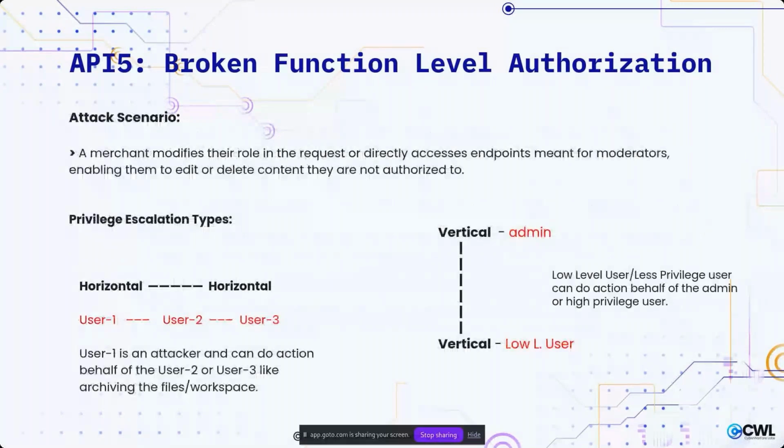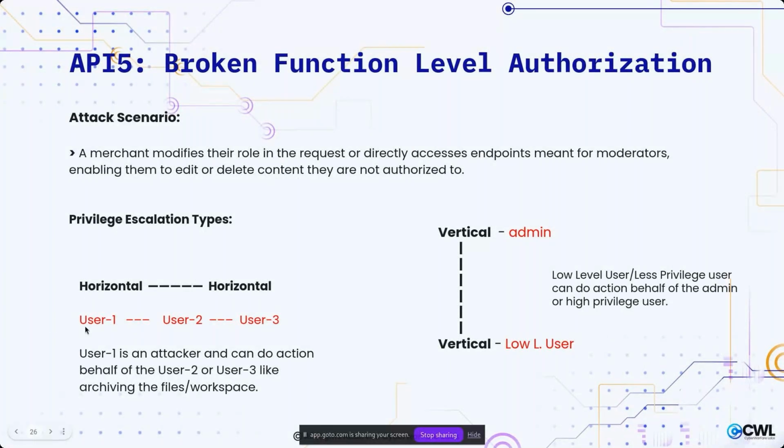As I told you, if a server is running, there are multiple roles inside that particular server or website. For example, I am admin, and if it is a forum, we have admin, then moderator, then under the moderator section we have particular writers and viewers, then we have guest. In horizontal privilege escalation, it is like user one, user two, user three.